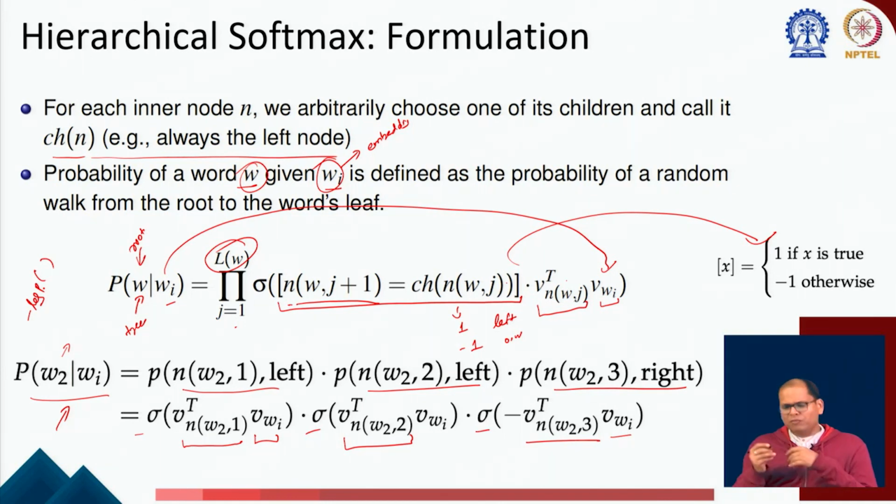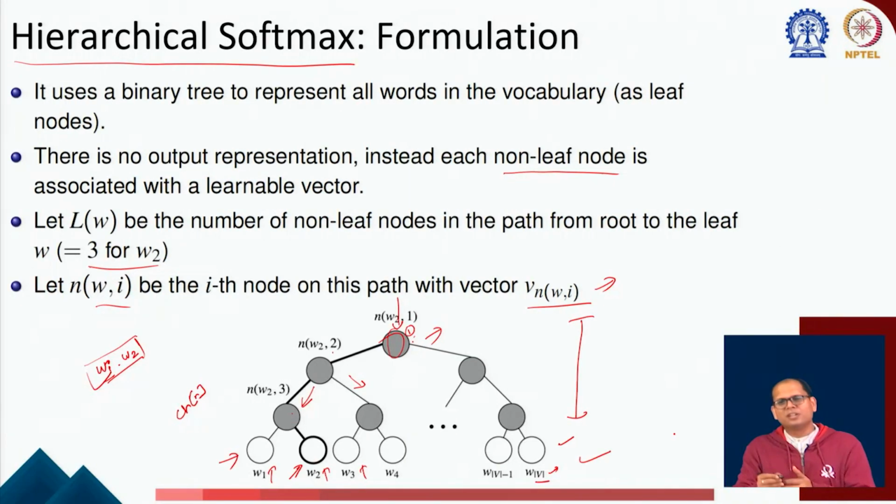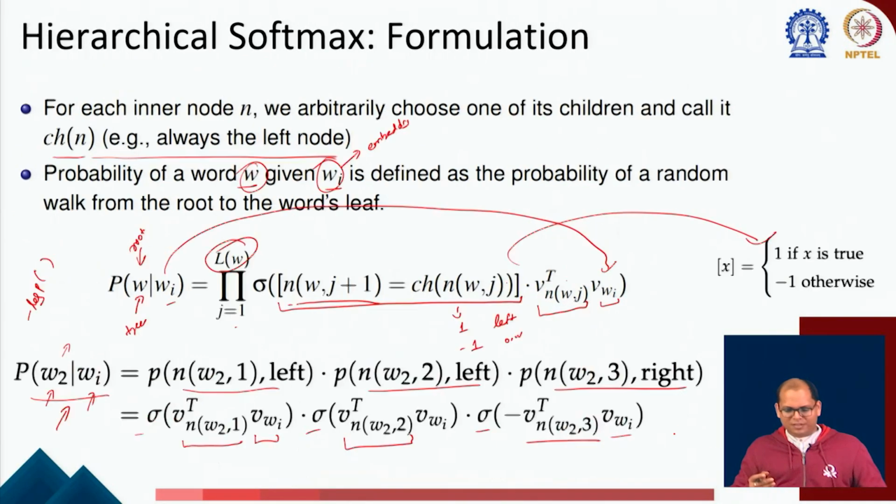We are not doing negative samples here, we are directly computing the probability of a context word given a target word using this formulation, and you will update all these intermediate nodes so that you can achieve what you wanted. I mean, you wanted to achieve a high probability whenever this is an actual target context pair, and low probability otherwise. So, you update your intermediate nodes so that this happens.